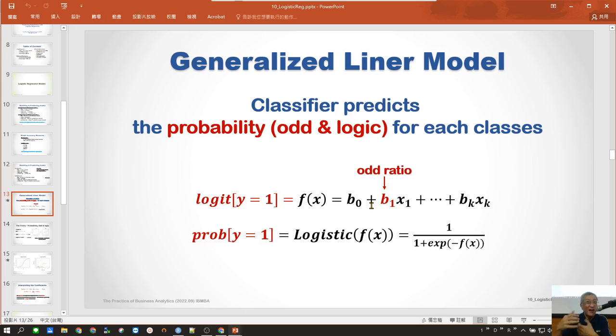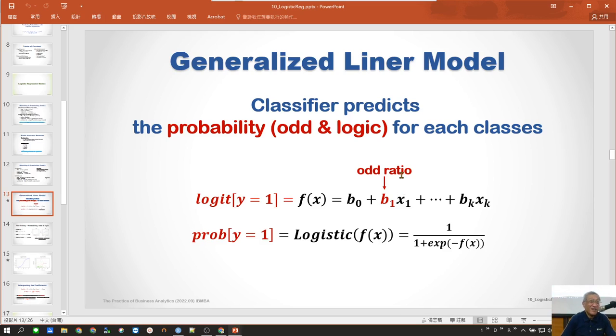Unlike linear regression, which is very simply a marginal effect of x, because of this transformation, the way to interpret the coefficients of logistic regression is a little tricky. First of all, you need to apply exponential transformation to the coefficient, and after the transformation, it actually implies the odds ratio. It is not the incremental probability.